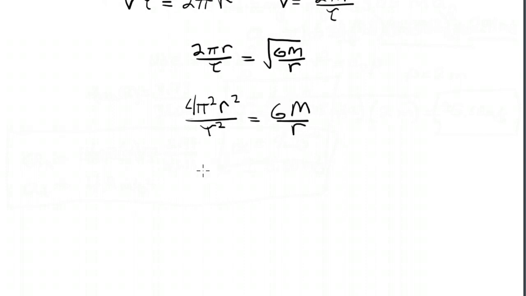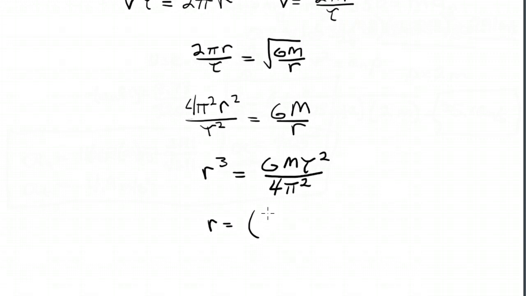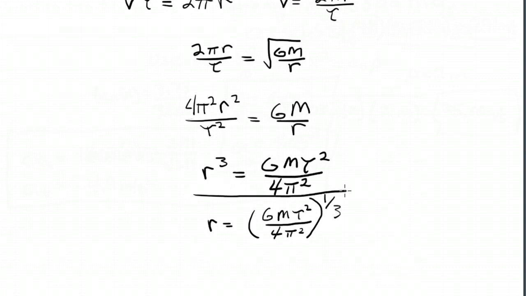And you can see this ends up being r cubed equals GM times the period squared divided by 4 pi squared, or r equals the 1/3 power, or cube root, of GM tau squared divided by 4 pi squared. Okay, there's our expression for r.